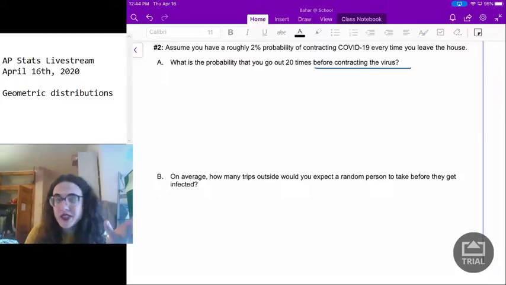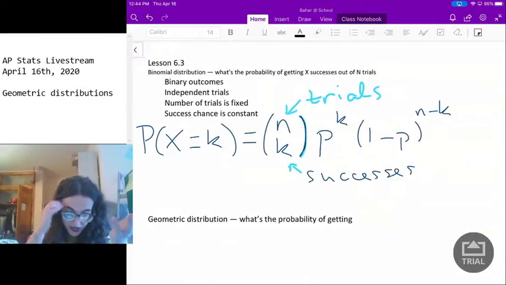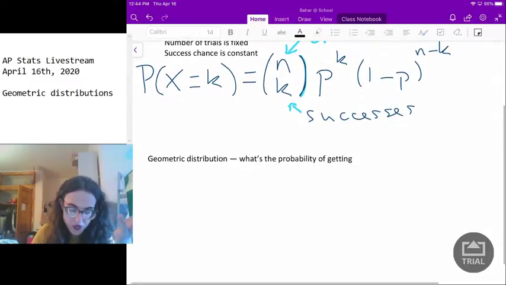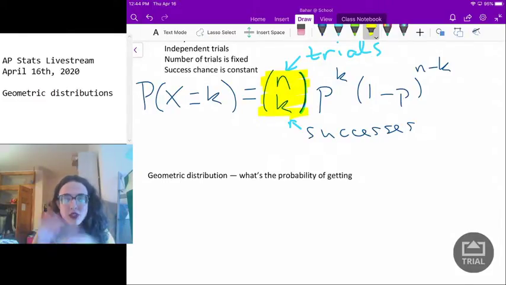So geometric situations actually get nice and simple, at least if we're looking at the formula compared to the binomial. We do not need this kind of funny combination term right here. That term is unnecessary, because there's only one combination of events that gets this.